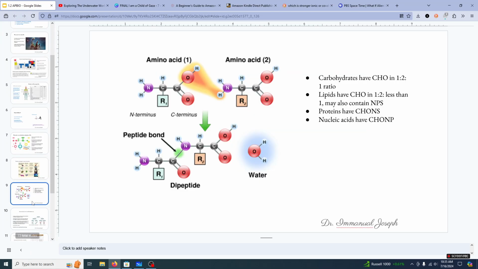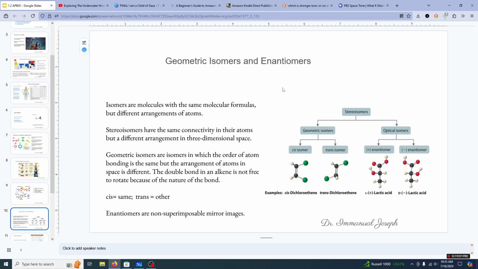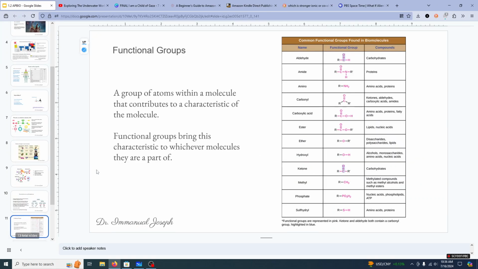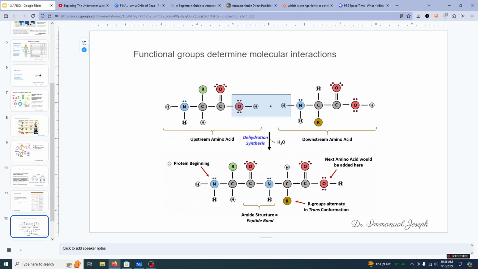And then we saw the molecular composition of the four major macromolecules, and also we saw that in addition to just the composition of the molecules, it is the sequence in which they are arranged, and also the way they are arranged spatially, that make a difference in the functionality of a biological molecule. Finally, we looked at the functional groups that are important for life, that are going to be repeating motifs that will give characteristics of biomolecules. So hopefully this was helpful.